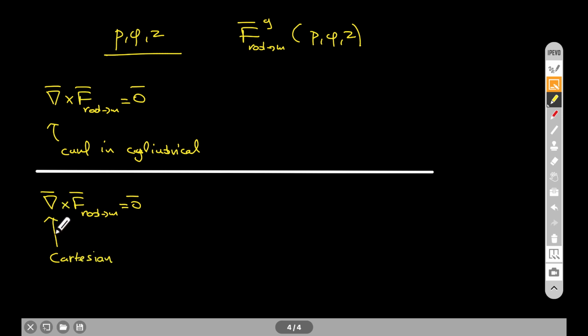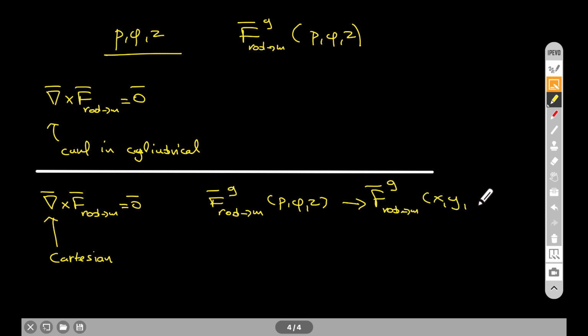But then, if you do want to use the curl in the Cartesian coordinate system, what this means is that you need to transform the force that you have written in cylindrical coordinates to a vector, the force vector, that is written in terms of the Cartesian coordinates.